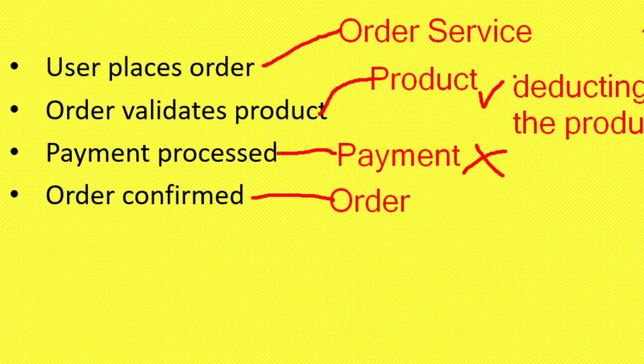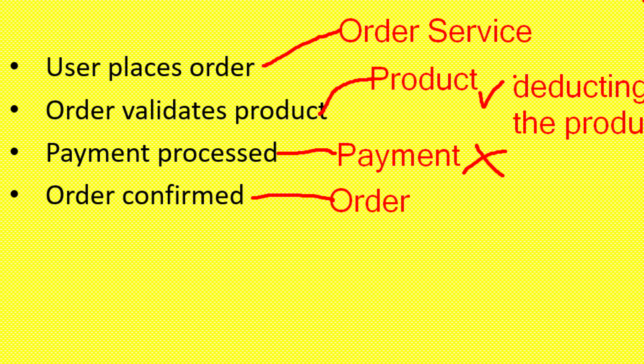See, I have a stock of 20 products. The user told me that 3 products they need to purchase. So 20 minus 3, 17 products are left. The order is available, so I'm deducting the 3 products and giving them to the new person. You come to the payment processing. Unfortunately, payment failed.